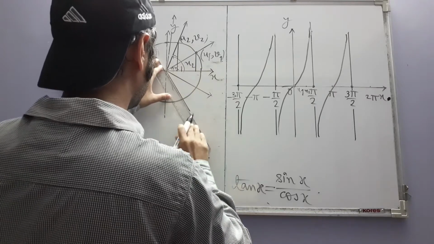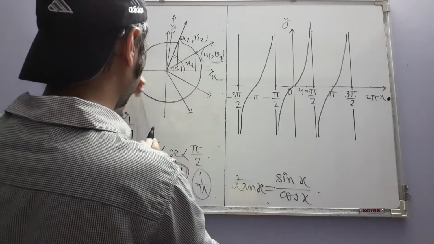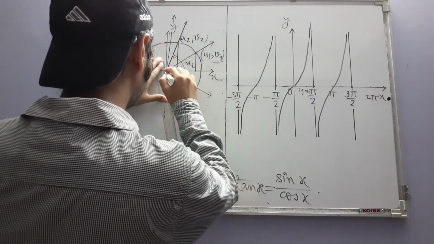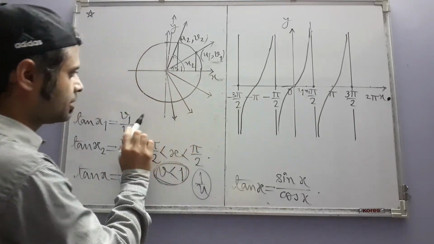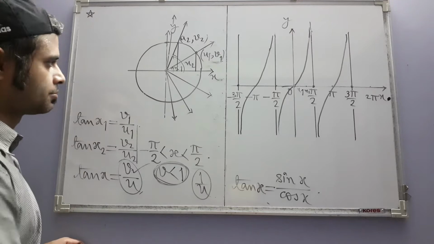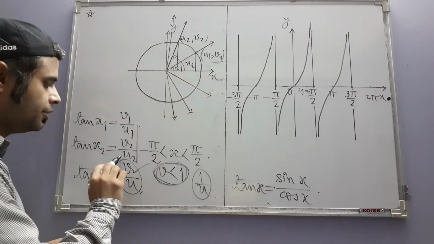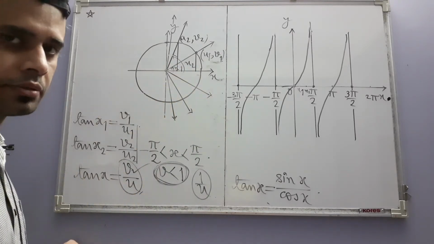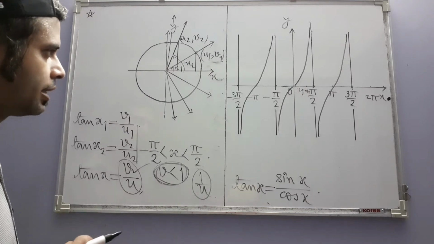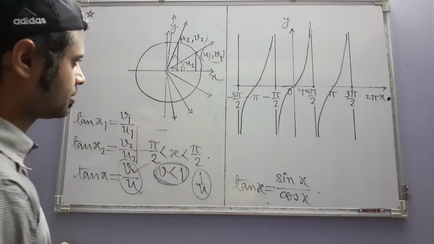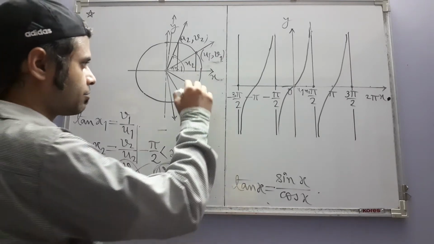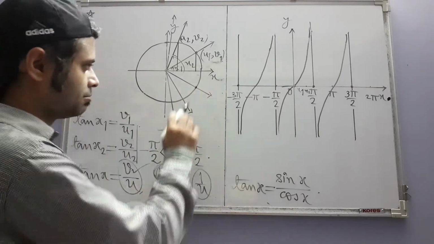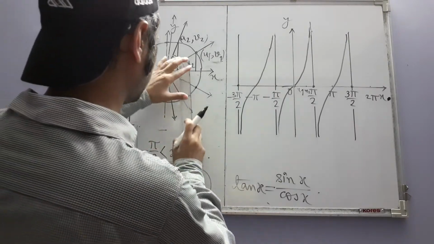Now here also you can see that as your terminal ray approaches the negative y-axis, numerically the same thing will happen, but in terms of sign you will have a minus sign. And why is that minus sign? Because you see here, for example, you also have some x coordinate, y coordinate.